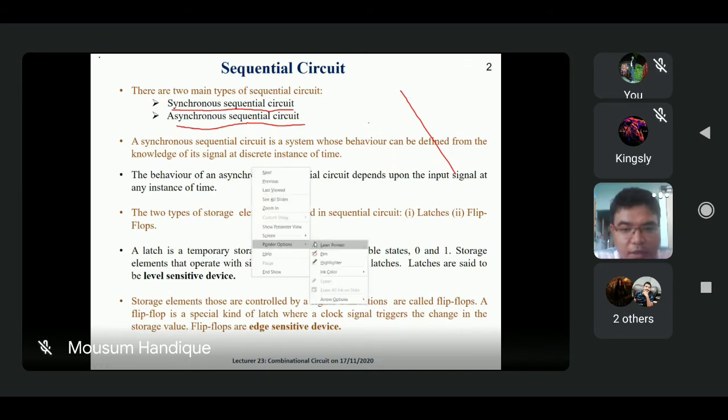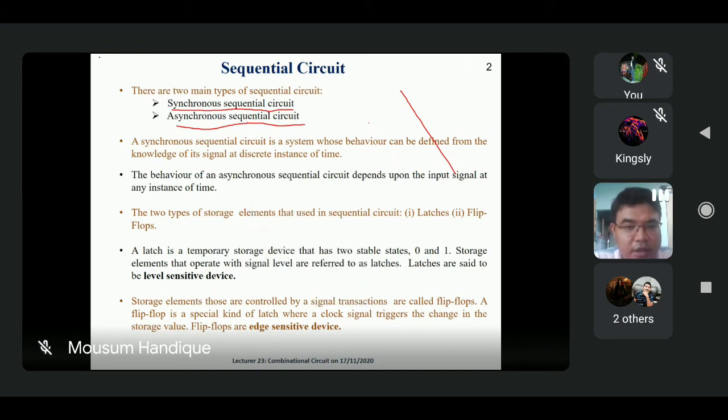See here, a synchronous sequential circuit is a system whose behavior can be defined from the knowledge of its signals at discrete instants of time. So when we are designing the sequential circuit, we are gaining the signal at discrete instants of time, and that type of circuit is called a synchronous sequential circuit.